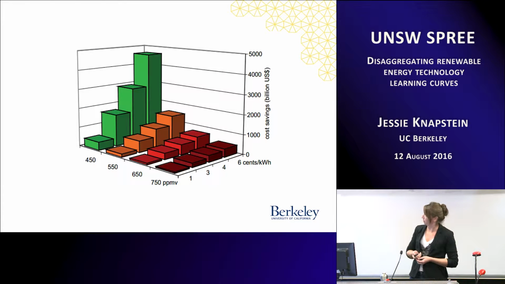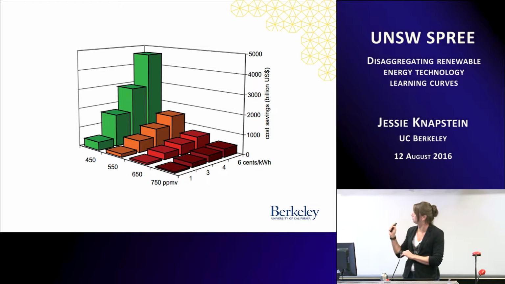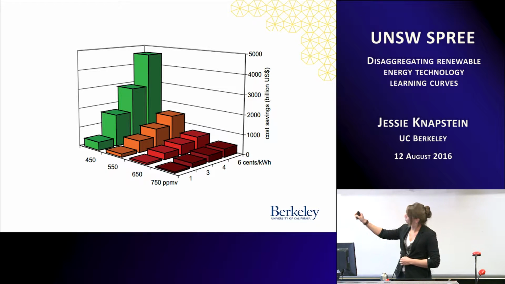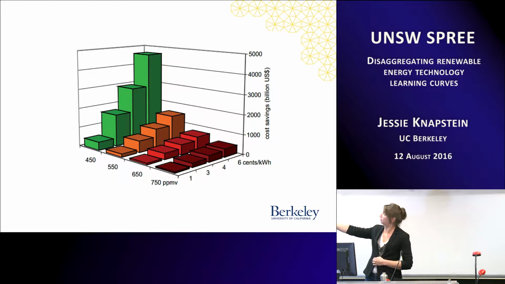So what do all these bars mean? Not only is technology change the most important factor contributing to climate stabilization, it's also the most important factor for how much that's going to cost us. If you look at the green bar in the furthest corner, the axes are different emission and climate stabilization scenarios.